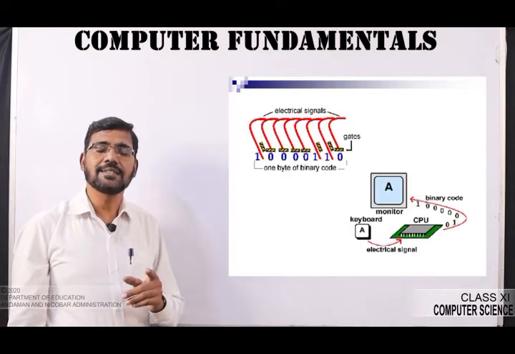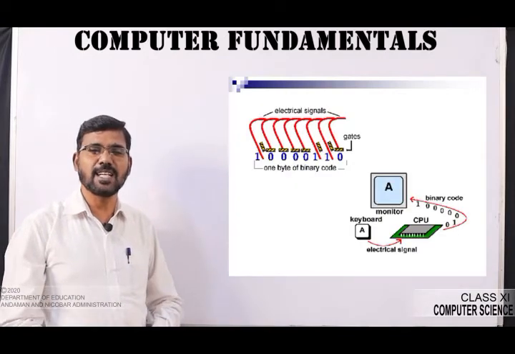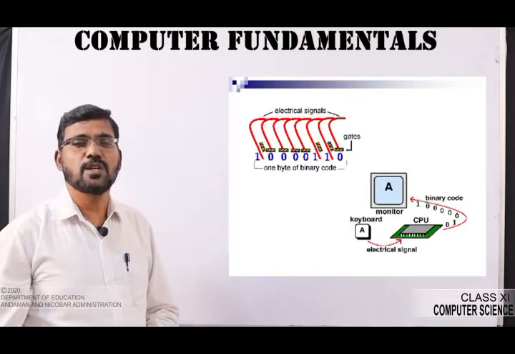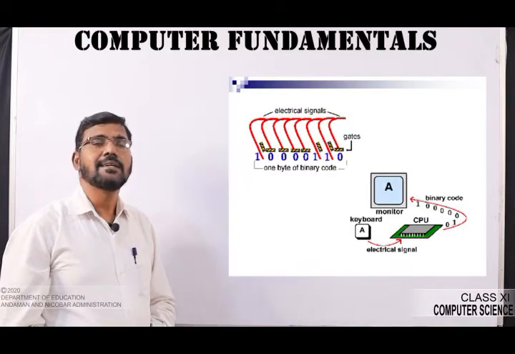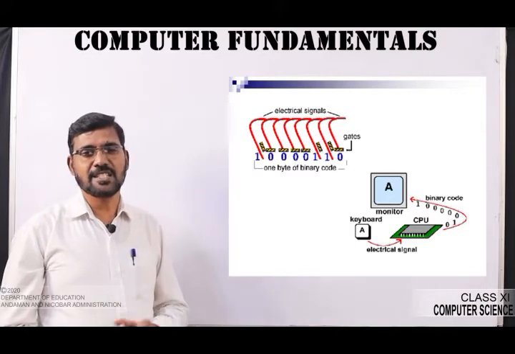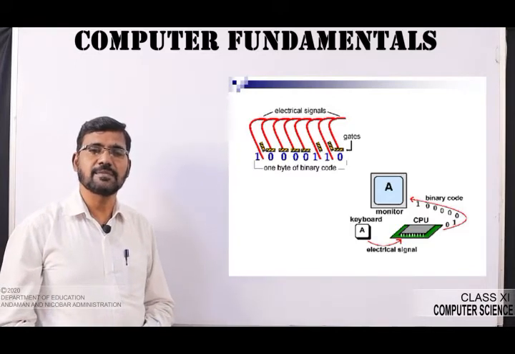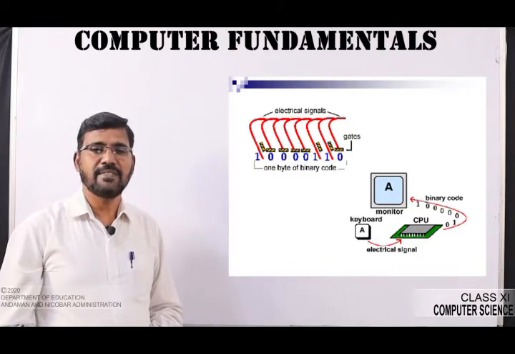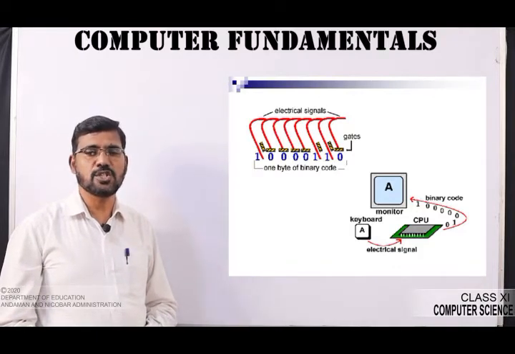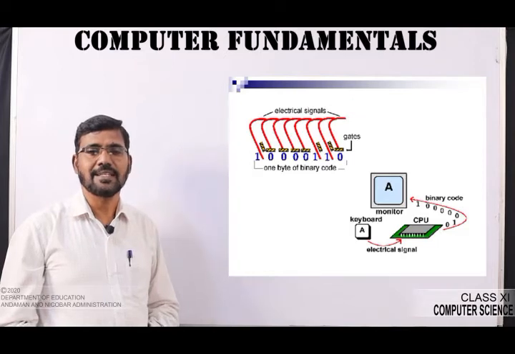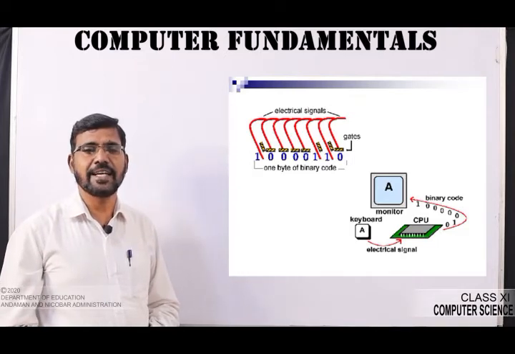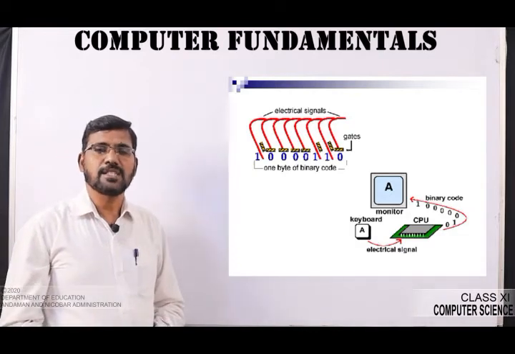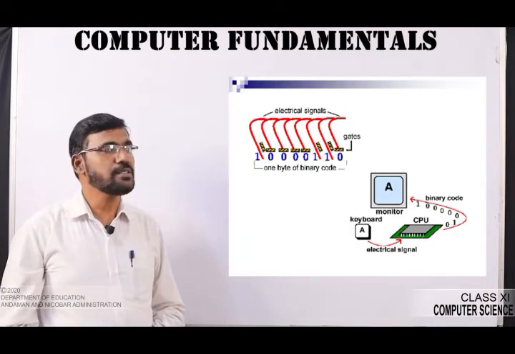Now, you see how binary numbers are represented in the electrical signal. Dear students, kindly note this diagram. The one above is the electrical signal. Here, where is 0 and where is 1, you observe this, where the gates are mentioned. Below is 1 0 0 0 1 1 0.